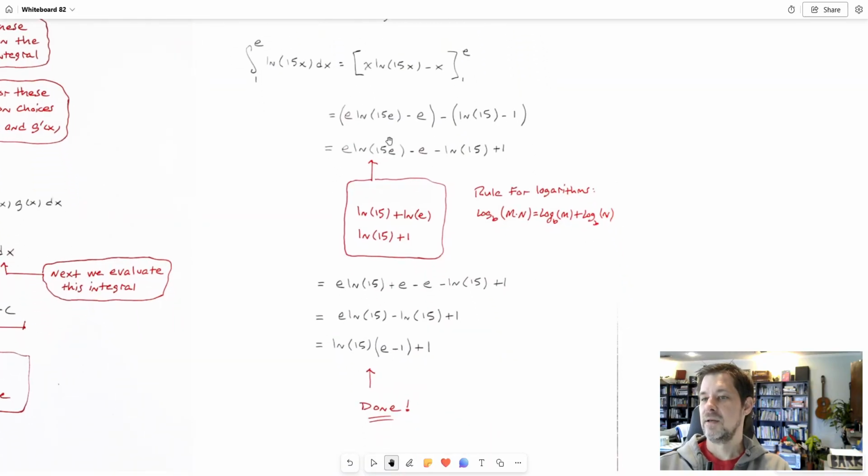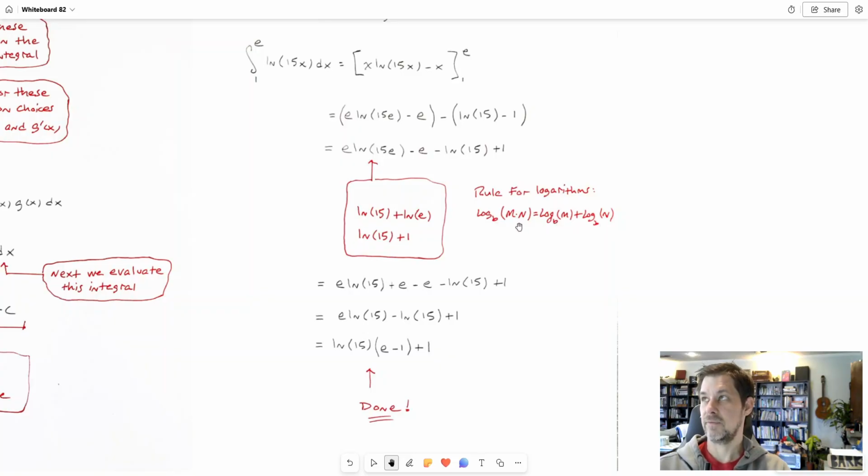Okay. Whenever we're dealing with logarithms, there may be some other rules that come into play for our calculation. So, for example, one rule for logarithms, one of many rules, is that the logarithm of one thing times another, the logarithm of a product. So log base b of m times n is log base b of m plus log base b of n.